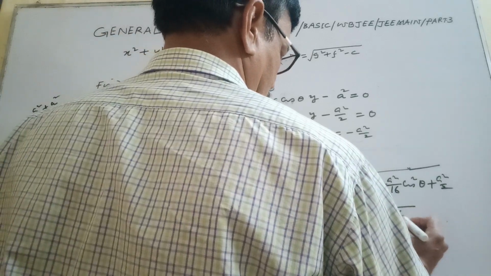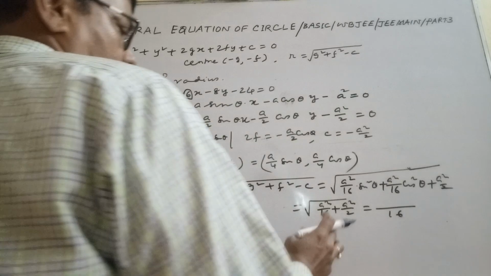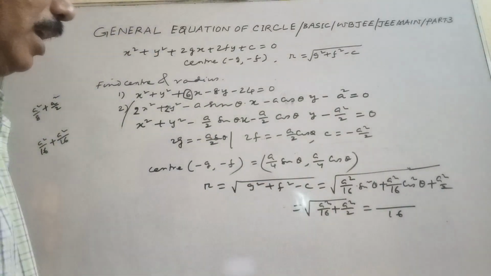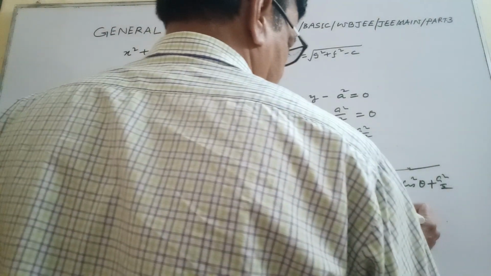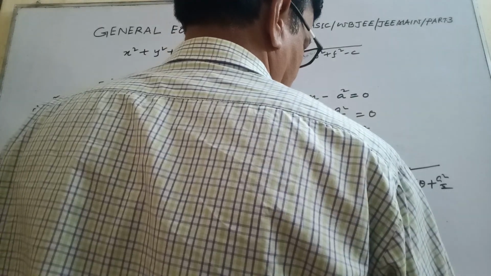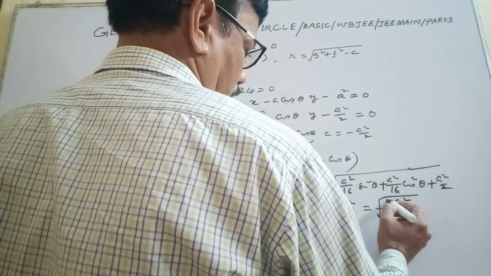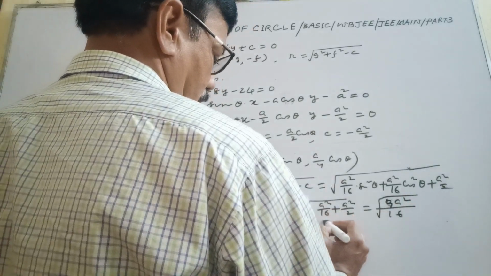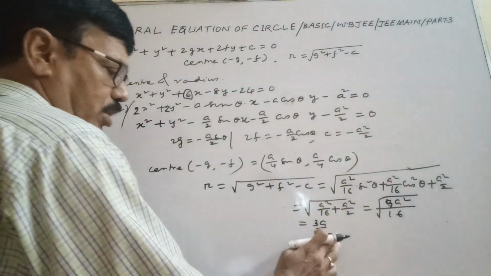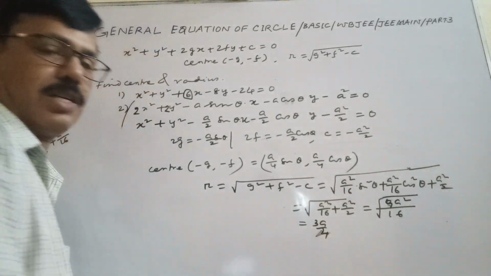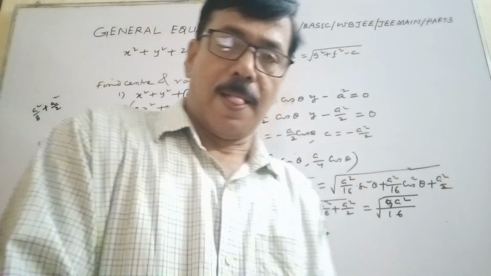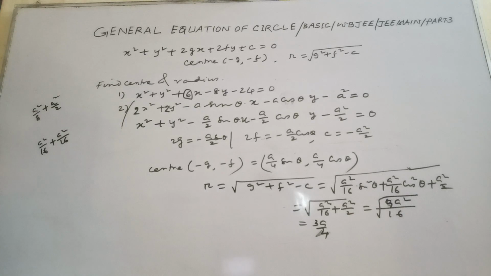So 16 LCM, a square plus 8a square, so 9a square by 16. So root is 3a by 4. This is the radius.